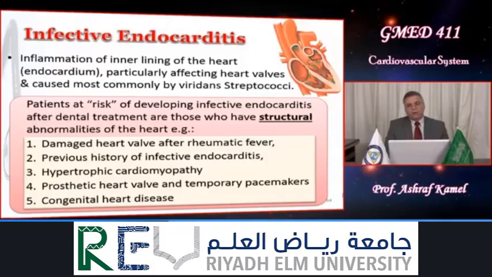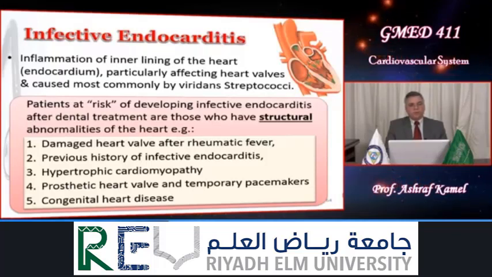What are these 5 cardiac conditions in which they are at high risk to develop infective endocarditis? They are these 5 in front of us, which all of them are considered a structural abnormality of the heart. There's a problem in the structure of the heart. Like number 1, damaged heart valve after an attack of rheumatic fever.